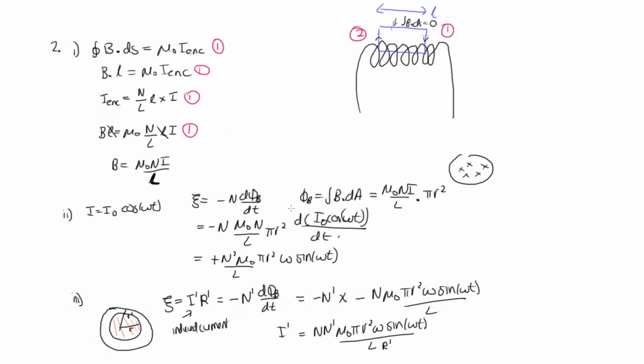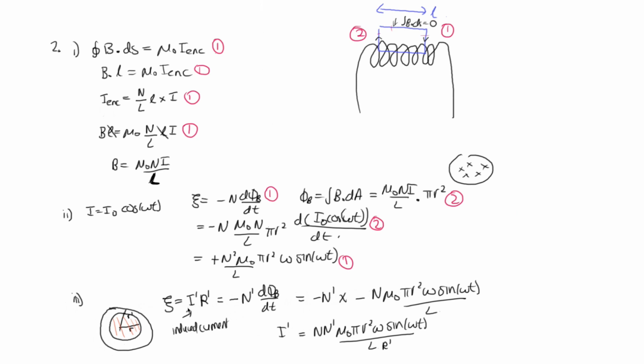And then with the second part, we get 1 mark for Faraday's law here. We get 2 marks for calculating the magnetic flux. We get 2 marks for substituting in the magnetic flux, and then 1 point for our final expression.